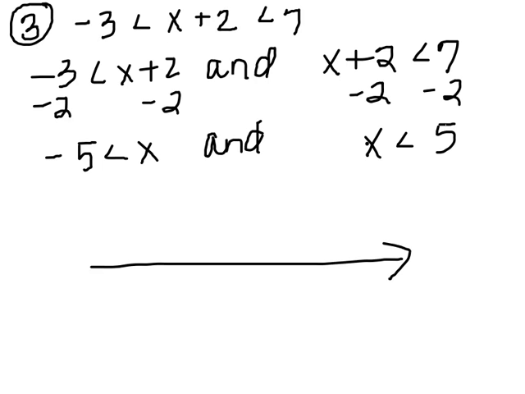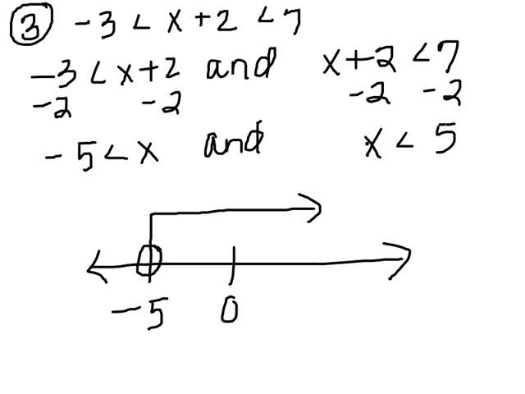Now remember, for graphing, we always put our 0 on our number line, and at negative 5, is it an open or closed circle? We're going to have an open because we do not have the equal to. And remember, when you read inequalities, you always start at the letter. So x is greater than negative 5, and greater, the numbers go to the right.